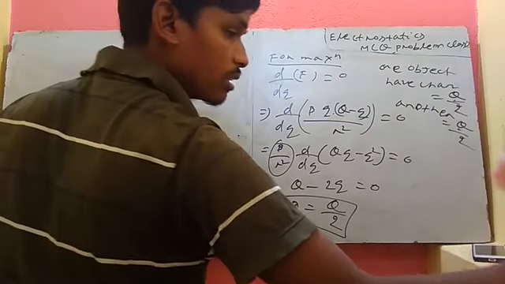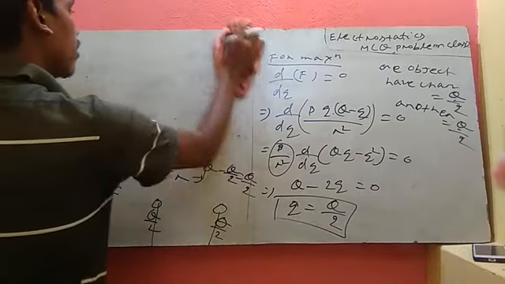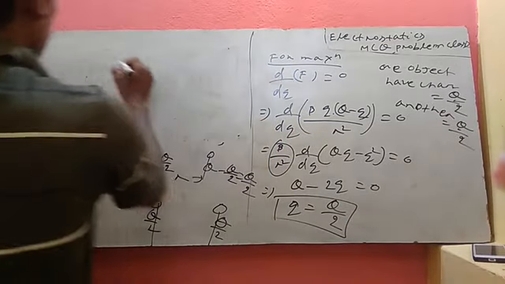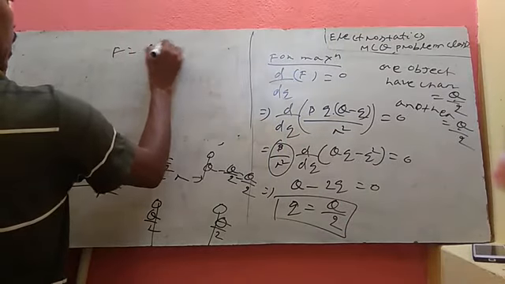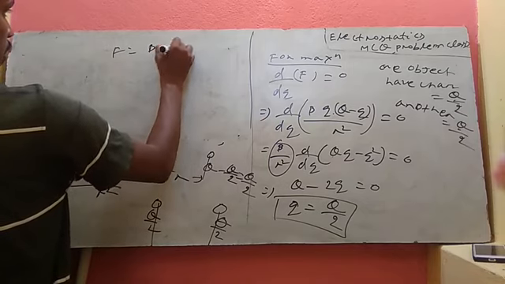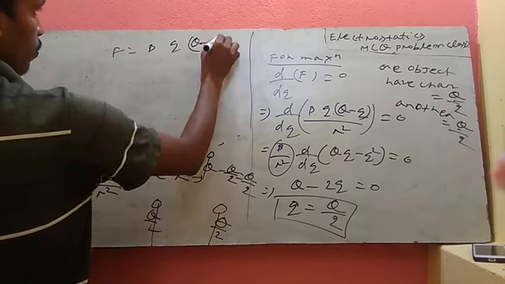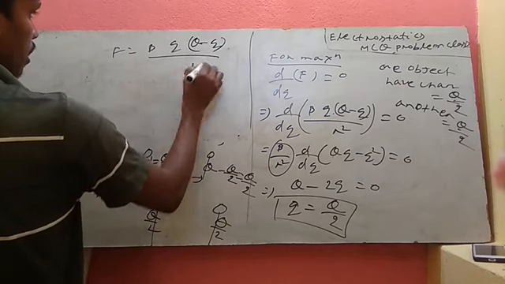Another simple method you can easily remember: force is k q into (Q minus q) by r square.